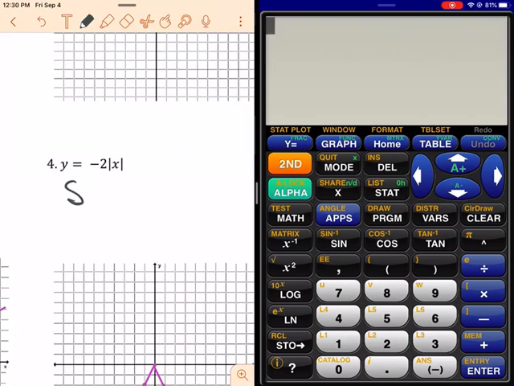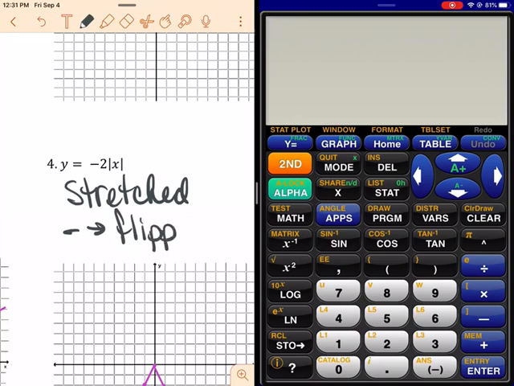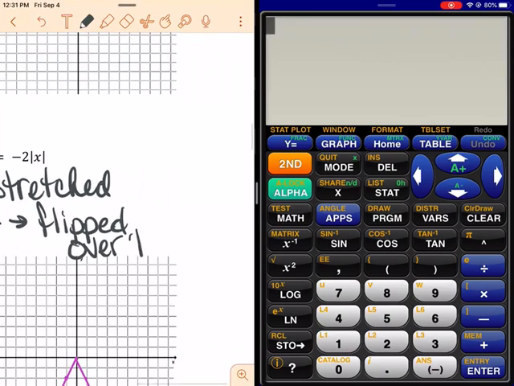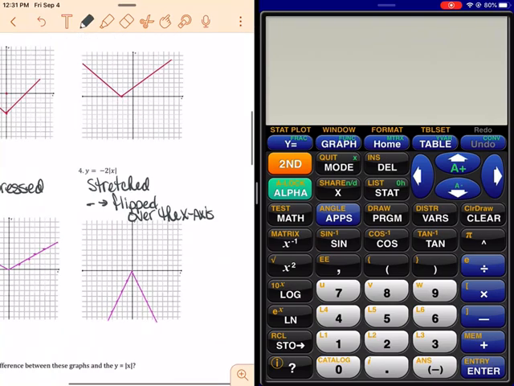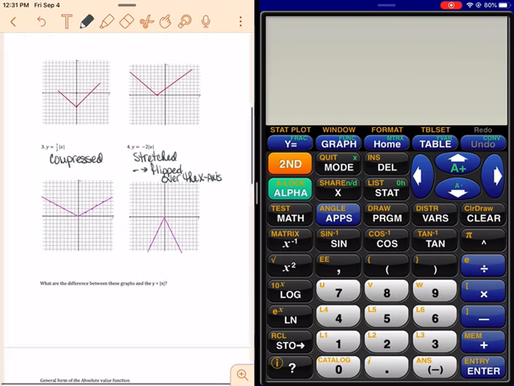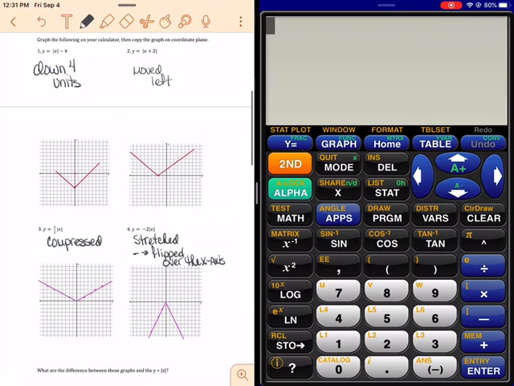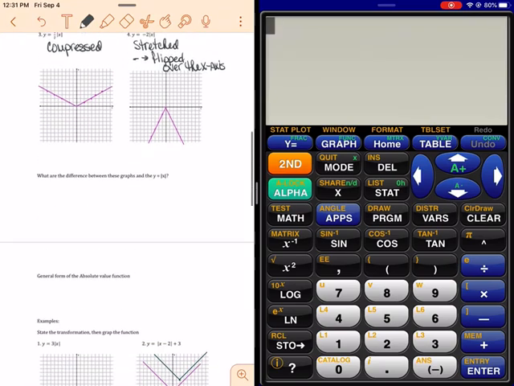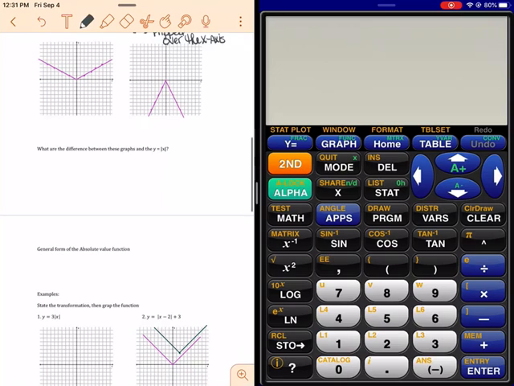If I multiply by an integer, it stretched. And the negative flipped it over the x-axis. All right, so those are the differences between the original and the change that happened.